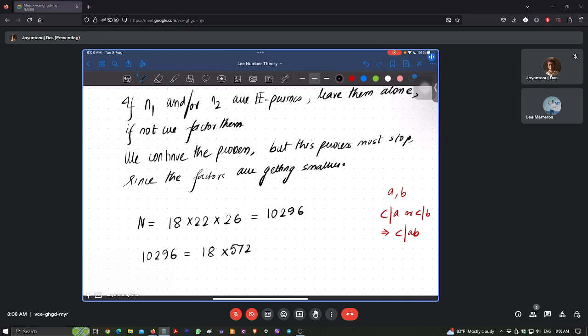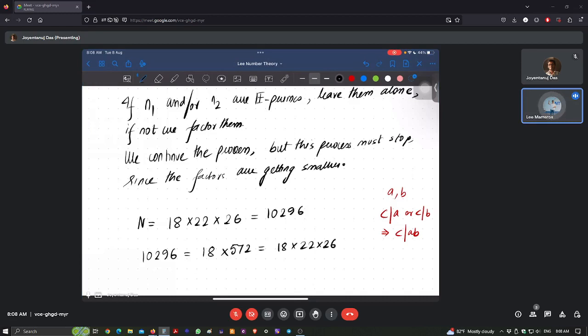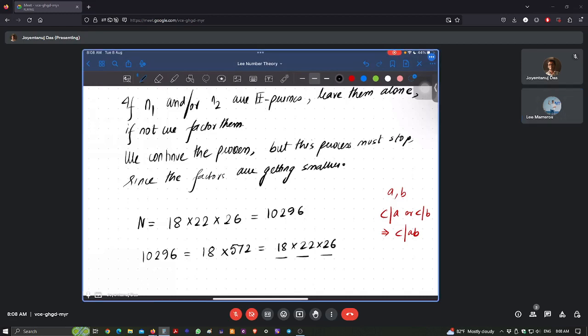Now we are left with 572, and I know it is the product of 22 and 26, each of which is an E prime. So you stop when you find the E prime factors.